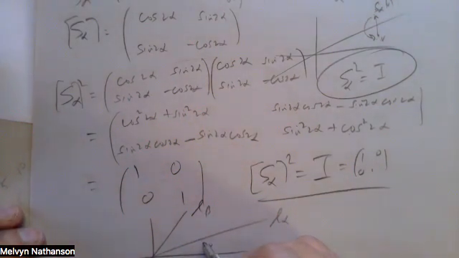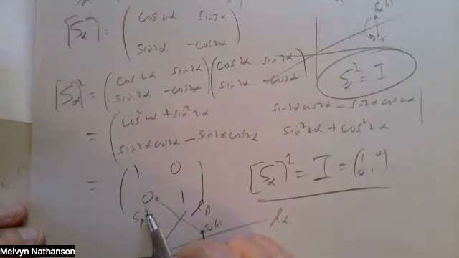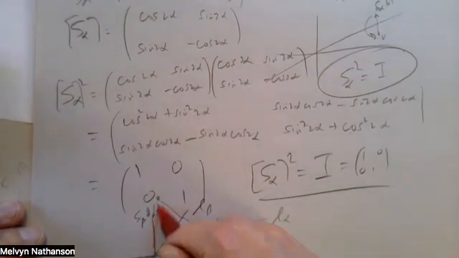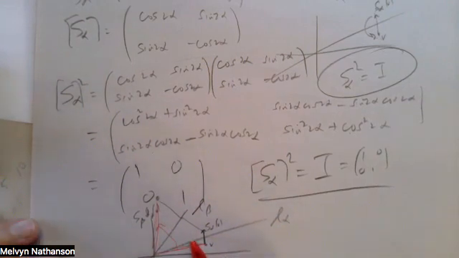If I take a vector v and I reflect it through this line, this is S alpha of v, and then I reflect it through a second line, so this is S beta S alpha of v, this ends up here. And if you check the matrix multiplication, you see that this is exactly a rotation through a certain angle that you can calculate.